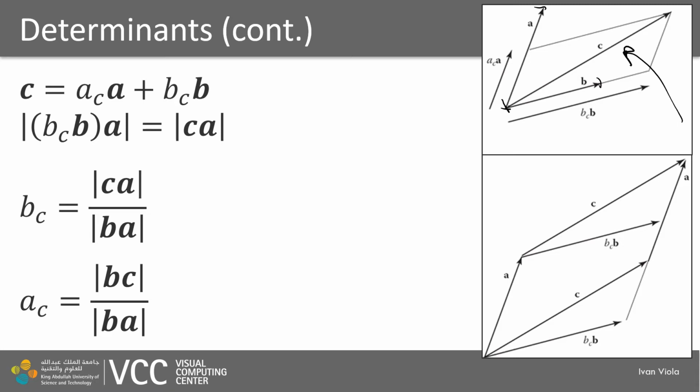And we know that we can represent c as a linear combination of a and b with some multiplication factors ac and bc. Now, what is bc, for example?